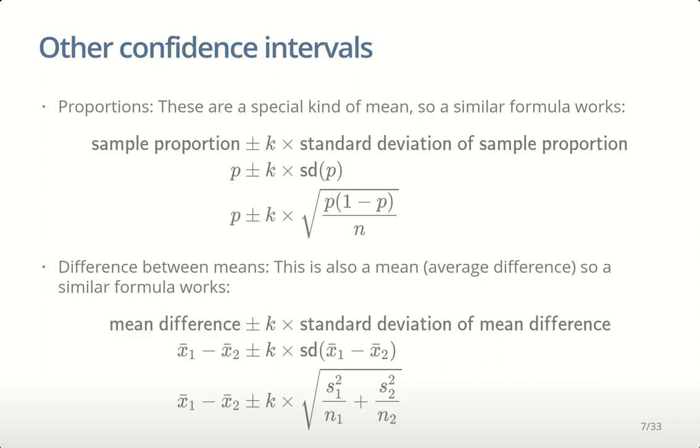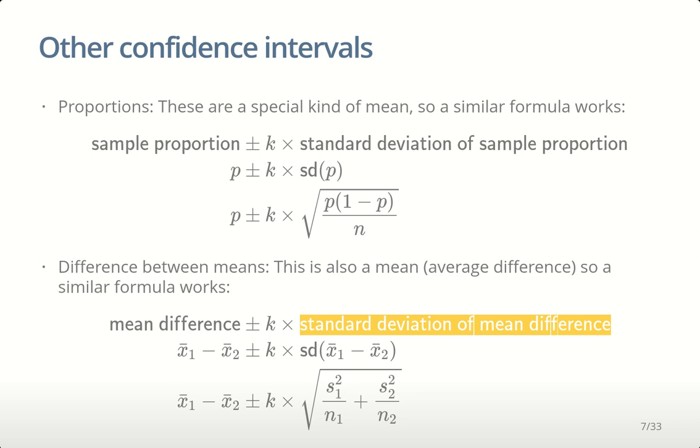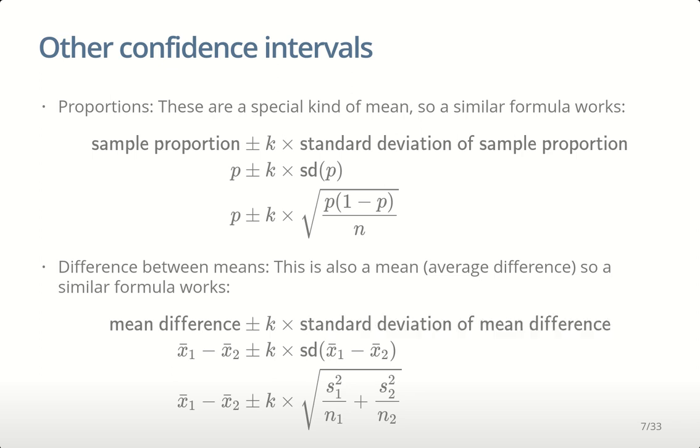Your confidence level, times the standard deviation of that same thing, of the mean difference, right? So the formula is always the computation from the sample statistic, if you like, the point estimate from the sample, plus or minus k, which is your confidence level, times the standard deviation of that point estimate. It's always the same formula, and here's the formula for difference of means.